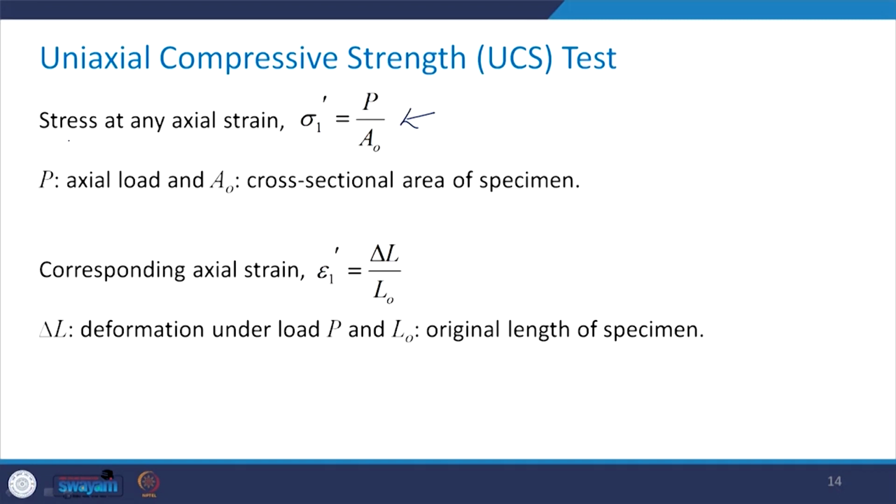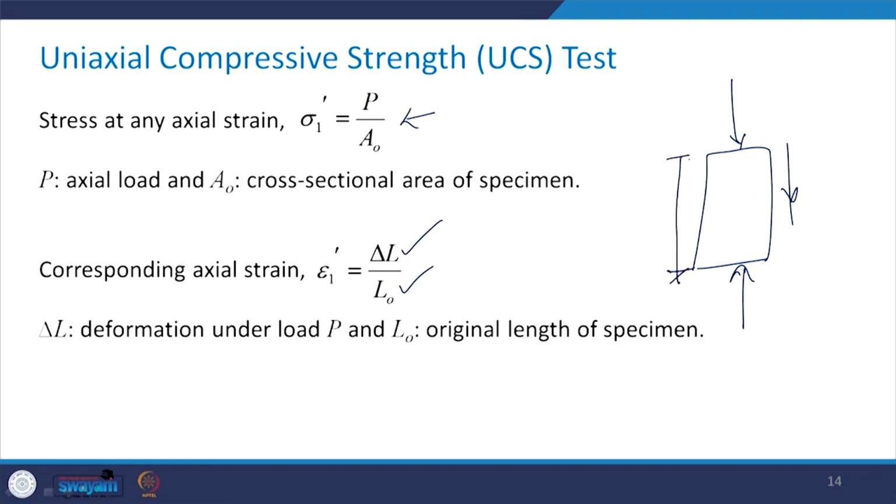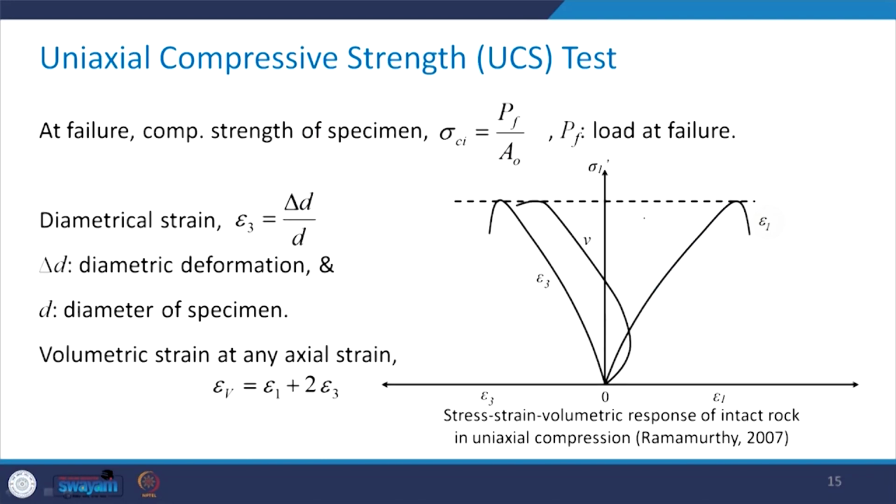You need to keep in mind that the load is applied in the axial direction. So the corresponding axial strain is whatever is the deformation in the direction of loading, that is delta L, divided by L naught, the original length of the specimen. That is how you can find the corresponding value of axial strain.